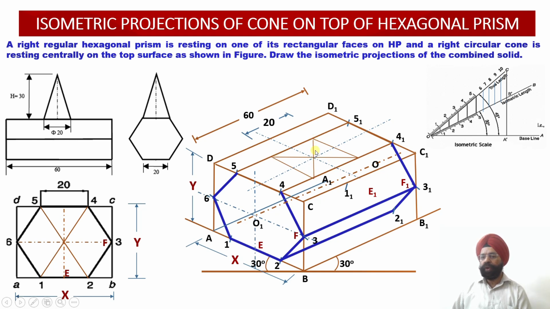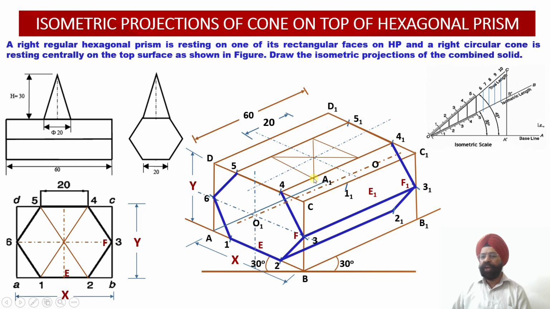So my focus of attention is right now on the minor diagonal. We have obtained the midpoints of the 4 edges of the square. Please check, this edge midpoint, this edge midpoint, this edge midpoint and this edge midpoint.